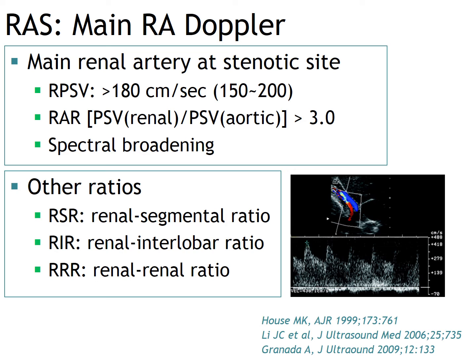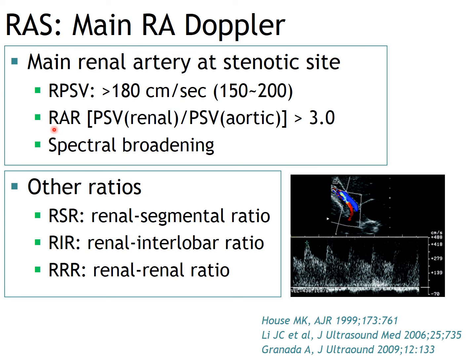In significant renal artery stenosis, spectral Doppler in the main renal artery at the stenotic site shows the following findings: elevated RPSV, renal peak systolic velocity, of 150 to 200 cm per second, where the normal value is lower than 120.